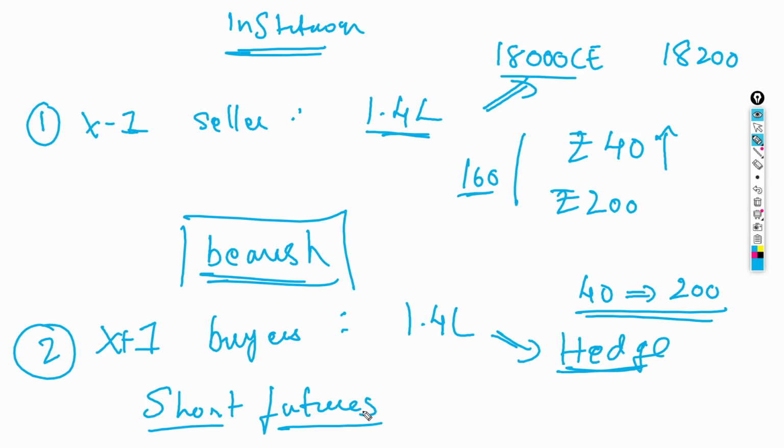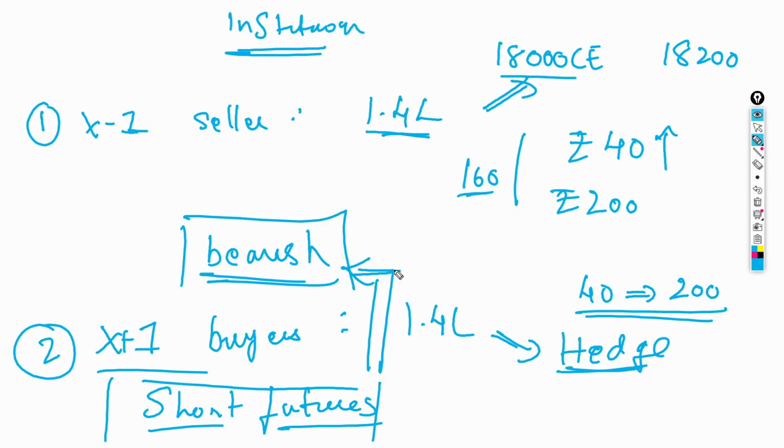So again, assuming that institutions are buyers, what does it technically mean? That they have shorted futures, right? And their outlook on the market is still going to be bearish, because you don't short futures if you have a bullish outlook on the market. You will only short futures if you have a bearish outlook on the market.